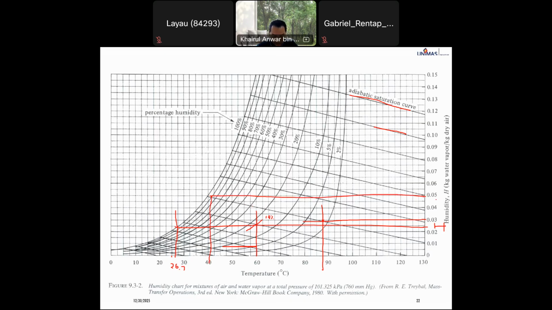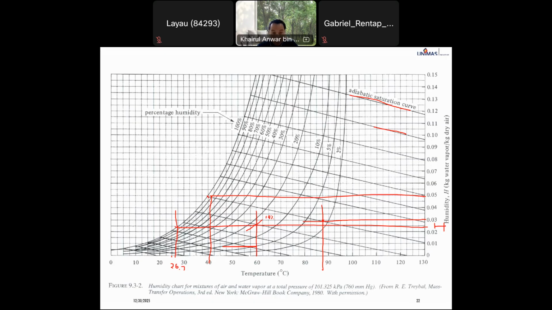So for part B, 100% saturation, what will be the value of H and T? So for the same line, it follow until 100%. So from here, 100% is here.